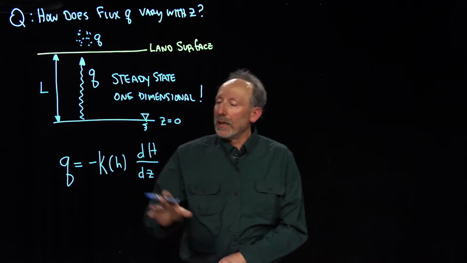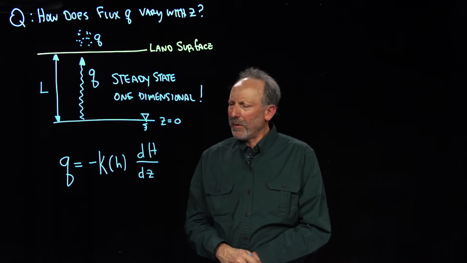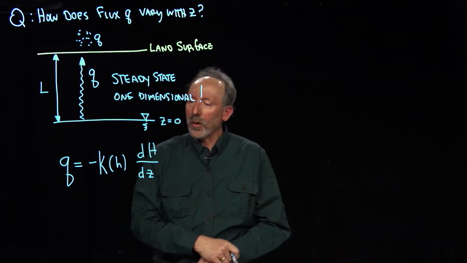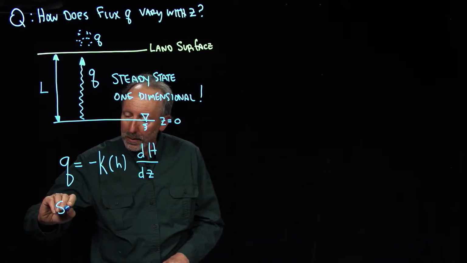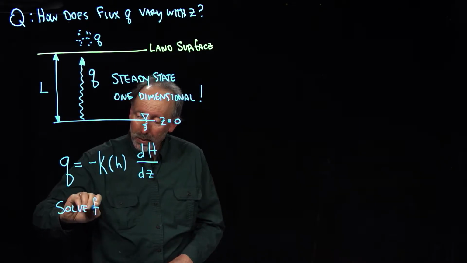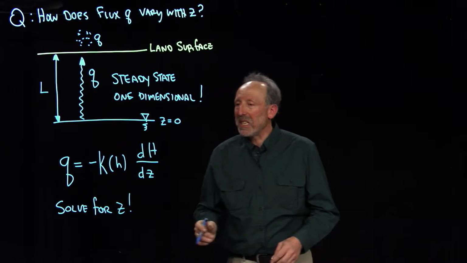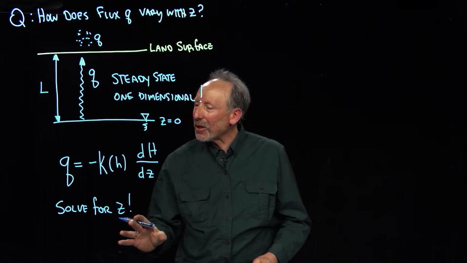So that's Darcy's law. So let's go ahead and see what we can figure out from this. Well, let's try to solve for z. Okay, so easier said than done perhaps, but let's go ahead and give it a shot.